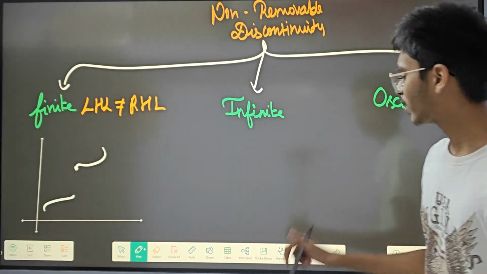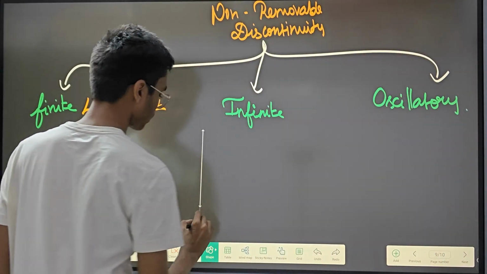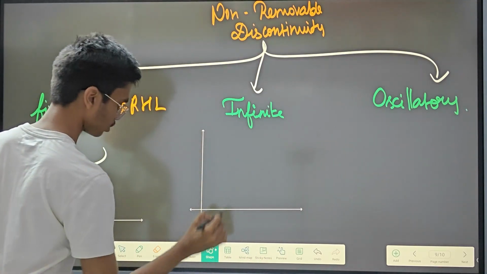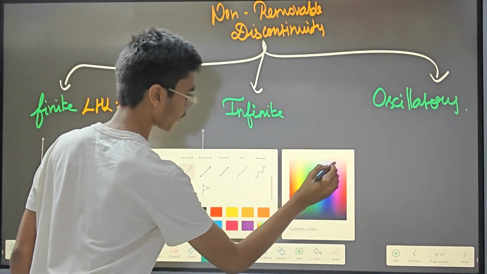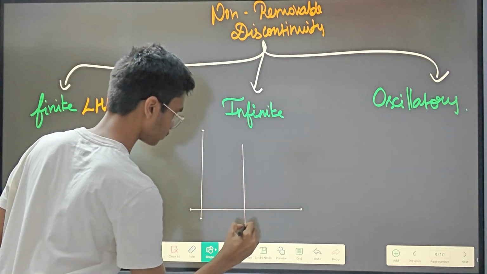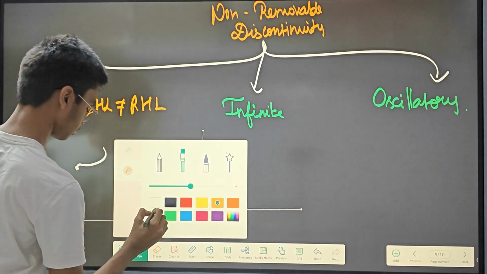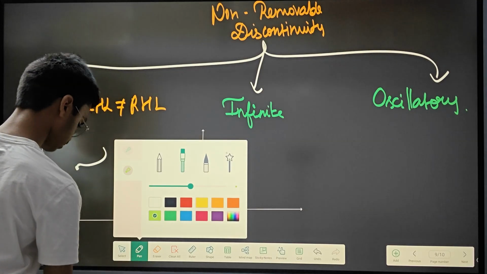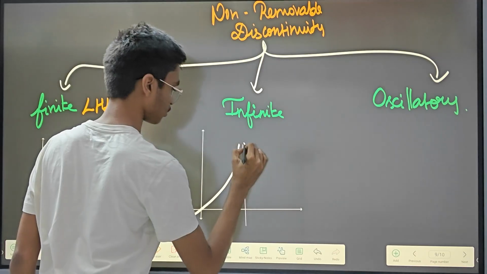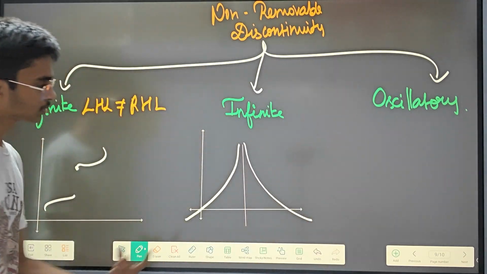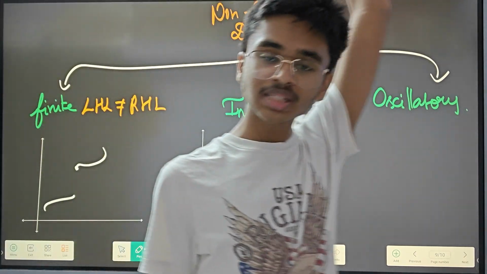Next is infinite. For this, if you want the graph, then the graph is going to be like this. See, the graph is like this, which is going towards the infinite.